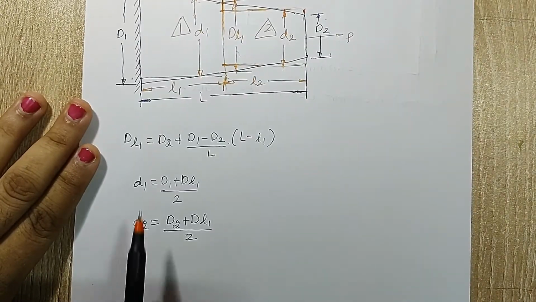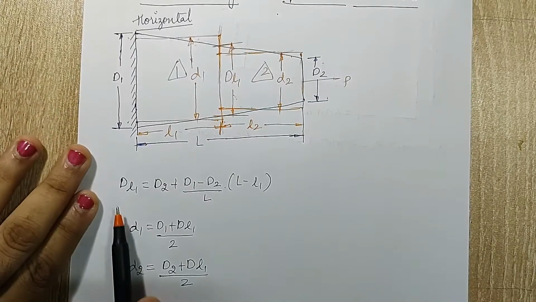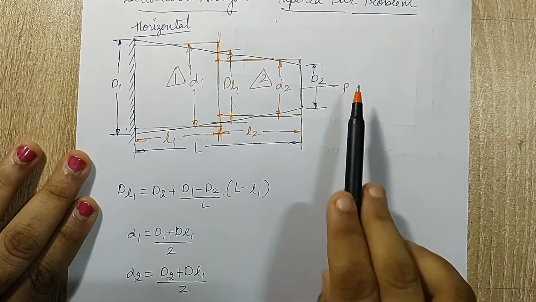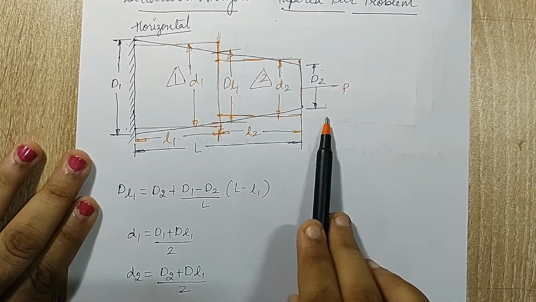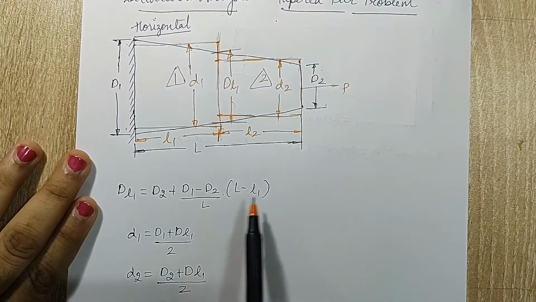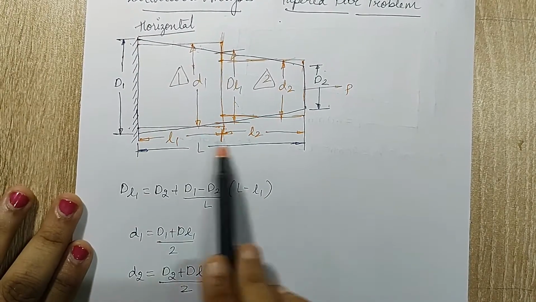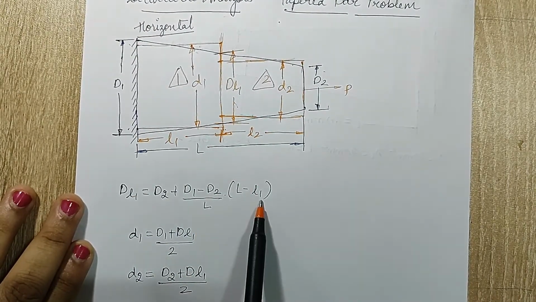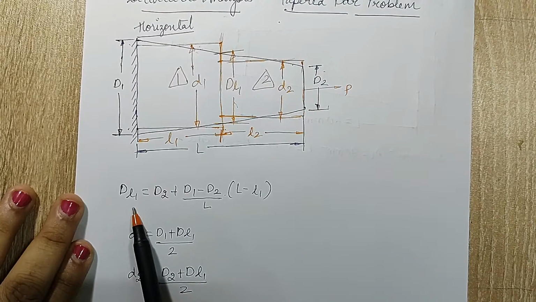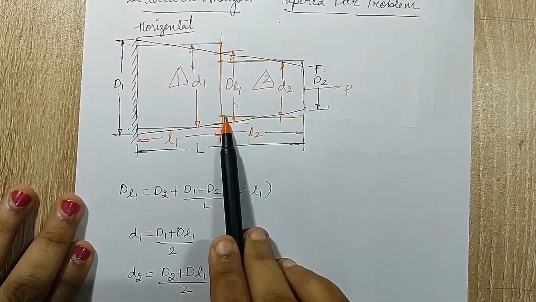Now there are certain formulas for the same, that is for calculating DL1 I'll be taking D2 plus (D1 minus D2) upon this whole length into the entire length minus L1, that is the distance at which I am placing my first step. So this should give me my value of DL1, that is this diameter.